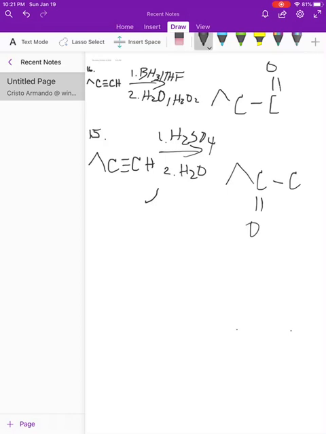So hydroboration oxidation of alkynes is going to create aldehydes. So remember, aldehydes are just these molecules. And then hydration of alkynes is going to create ketones. Alrighty.